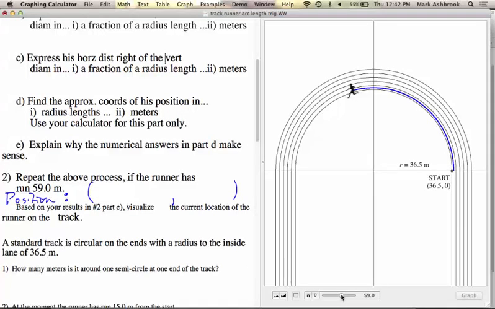There's 59 meters, okay? So find the position as coordinates, x and y coordinates, in the unit of meters. Write it down.